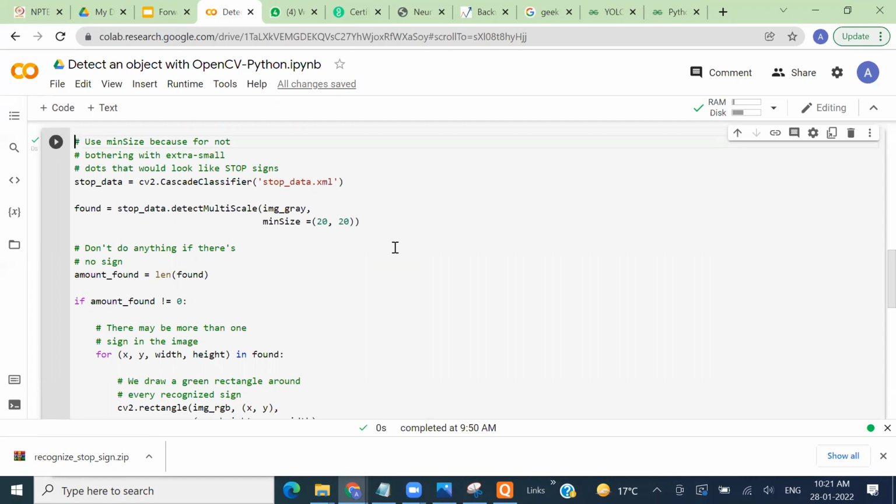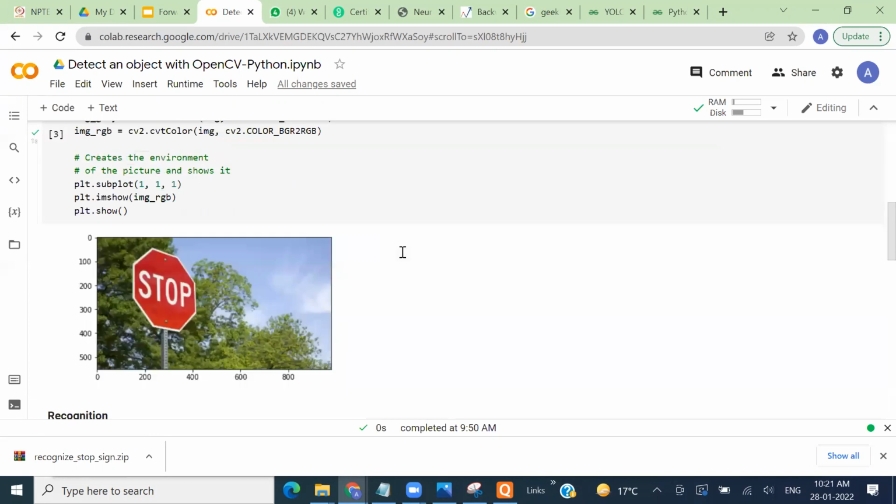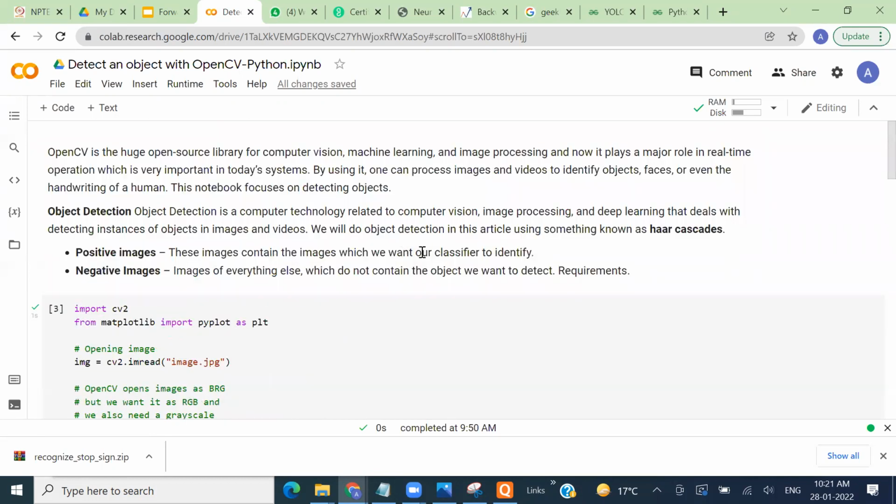Isn't detection doing the work of localization only? Why are you separating them? See, if you are just looking at detection, first of all, it will detect whether your desired object is there in that image frame or not. That is the detection part. But to localize it, you need to draw a bounding box.